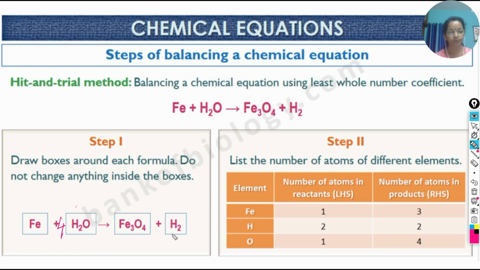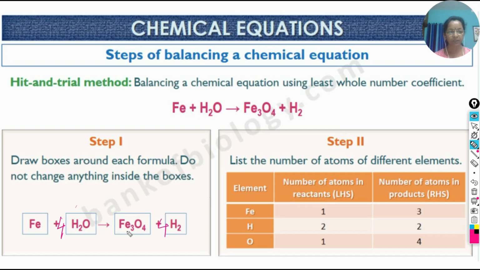So what can we do? We have to make it 8. How can we? 2 multiplied by 4 will be 8, right? So we will write 4 over here. So we got 4H2. So hydrogen is also balanced, right? Oxygen is balanced, hydrogen is balanced. Now what is the problem?